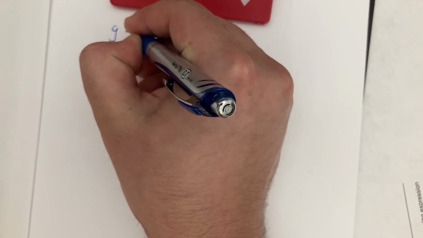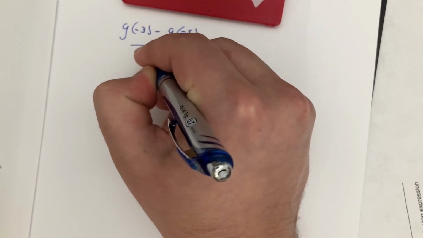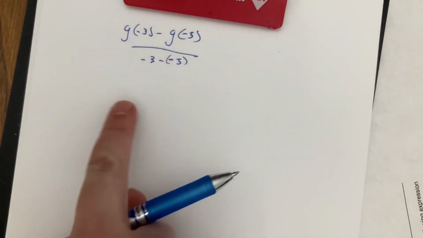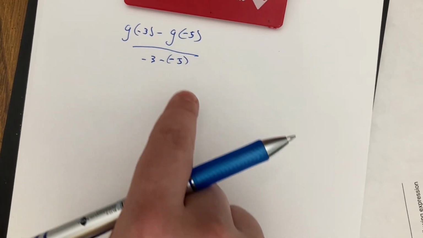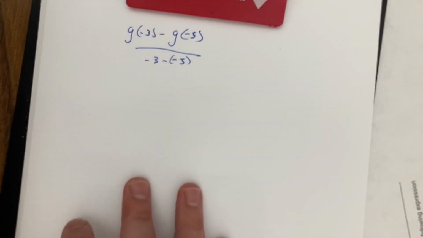Initially our thought should be, hey, let's look at g of -3 minus g of negative 5 over negative 3 minus negative 5. Notice my very careful use of parentheses there. These are functions. Here I'm doing negative 3 minus negative 5.